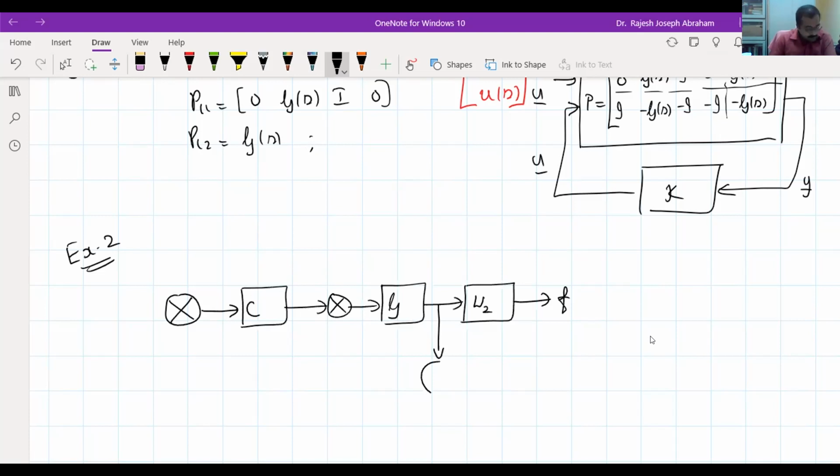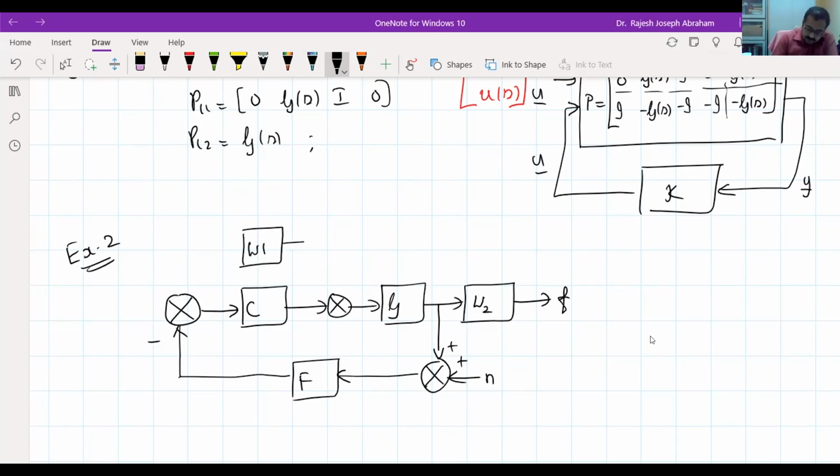Then there's a feedback path. There's a noise N through a transfer function F. This is minus. Here we have another weighting function W1. This is U. Plus.